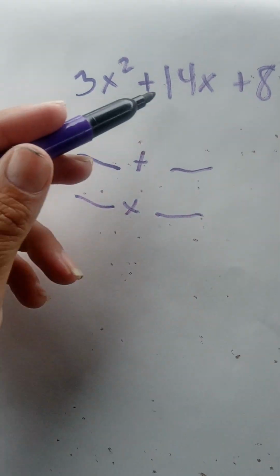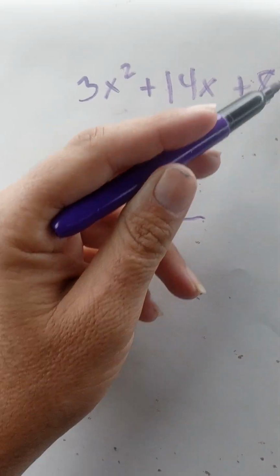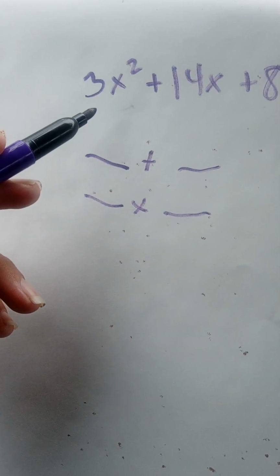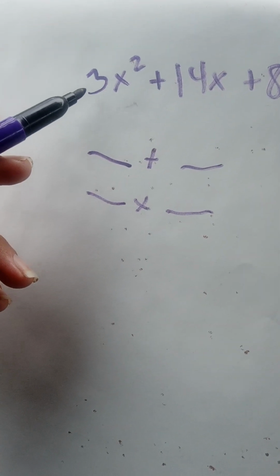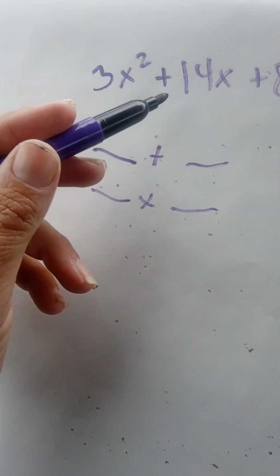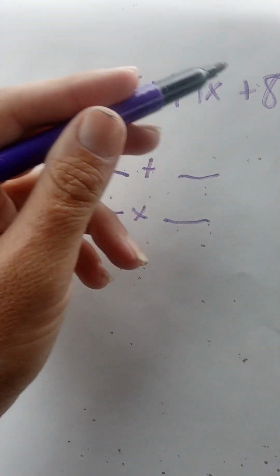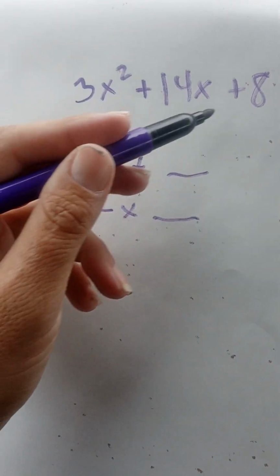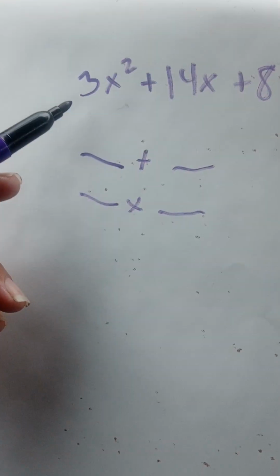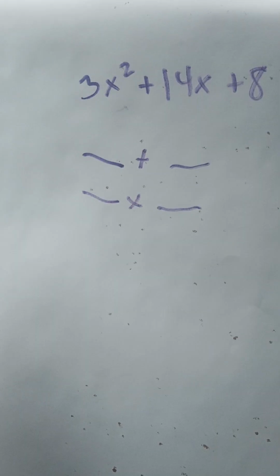Because you see, 3 doesn't fit into 14 and 3 doesn't fit into 8 by division. We know 3 can divide into itself evenly. 3 divides into 3 one time. But 3 doesn't divide into 14 an even number of times, and 3 doesn't divide into 8 an even number of times. So it almost looks like you can't factor this.